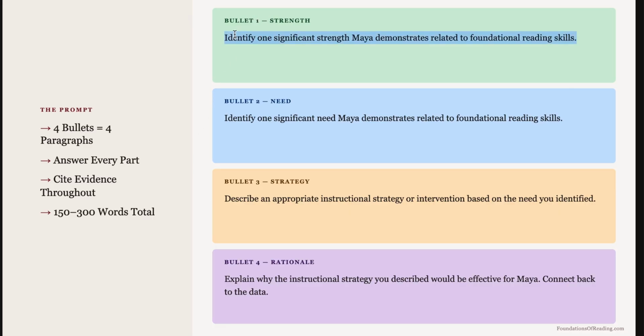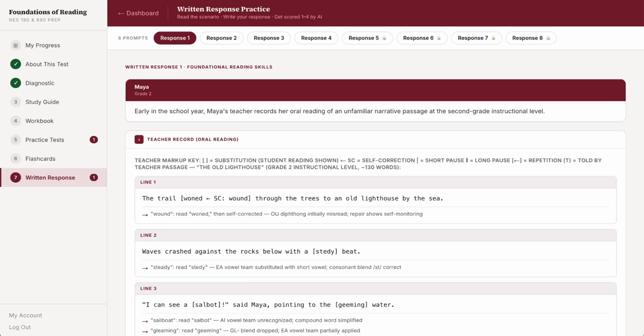So in order to really get that maximum score, for your first paragraph, you are going to want to identify one specific strength. Now, we see this word Maya here, and the reason is that this is inside our test prep program at Foundations of Reading, and we have 8 different constructed responses.